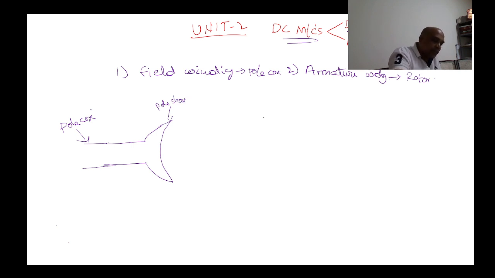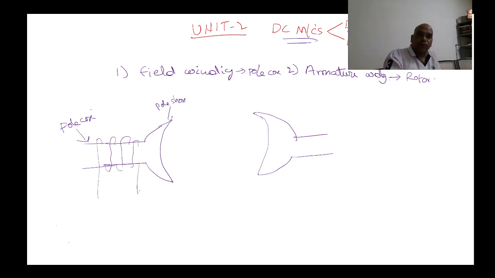The field winding is placed on the pole core. This is called the field winding.